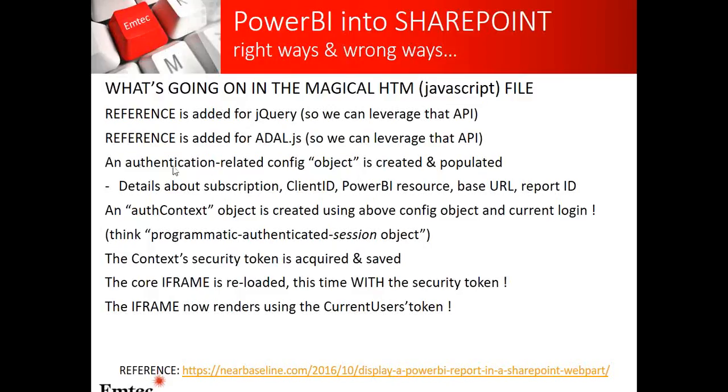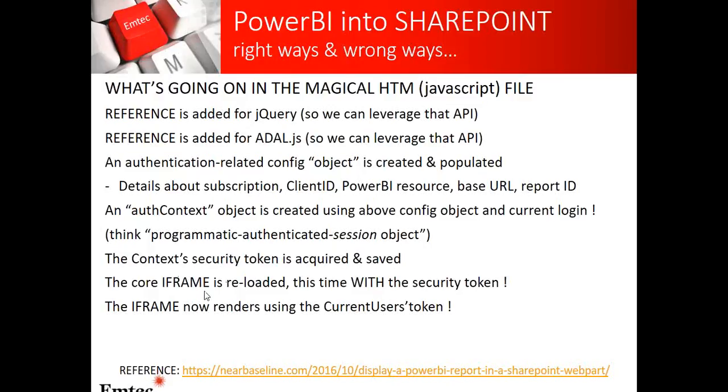Very cool. You end up with an authenticated related configuration object that's created and populated. You end up with an auth context object. That's the programmatic authenticated session object. It generates the token, the backstage pass that's needed to go and make requests that are authenticated instead of unauthenticated.